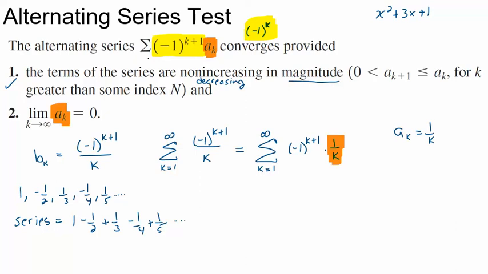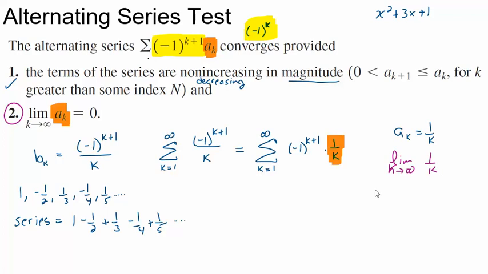So what I need to look at for my second criteria is whether the limit as k approaches infinity of a sub k, which is 1 over k, equals 0.